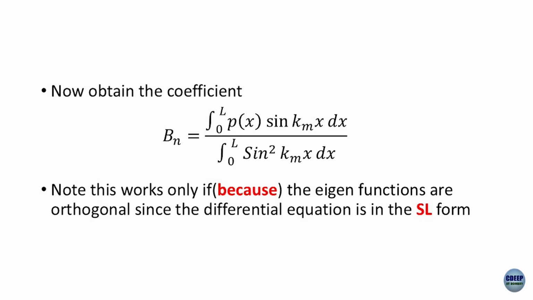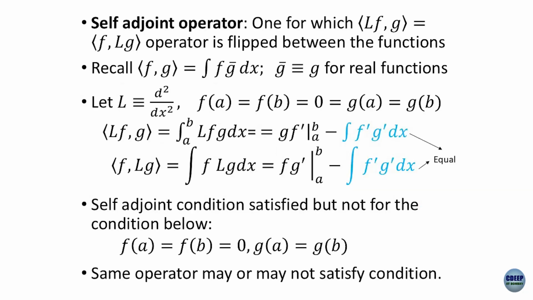Okay. So this works only because the eigenfunctions are orthogonal and the differential equation is in the Sturm-Liouville form. So we see now what is the so-called Sturm-Liouville form, and there is something called a self-adjoint operator, and this is a definition that we will use again.